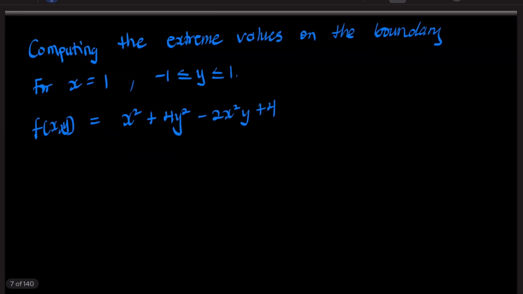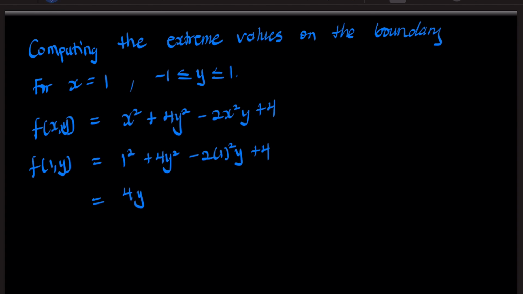Now here we are saying that x is equal to 1, so we are going to have f(1, y) is equal to 1 squared plus 4y squared minus 2(1) squared multiplying y plus 4, which is going to give us 4y squared minus 2y plus 5.